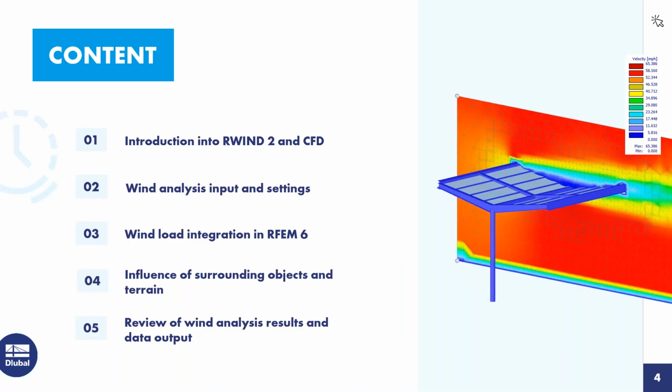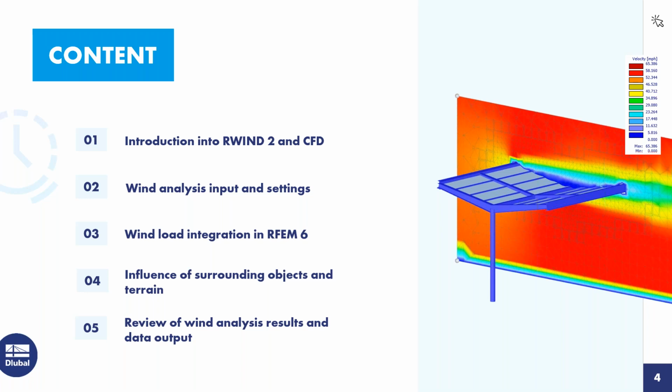So as far as the content over the next hour today, I do want to give a brief introduction to our standalone program RWIND 2 and the topic of computational fluid dynamics, or CFD. We'll then move into our example where we'll begin in RFEM 6, where we can input the wind analysis input and settings in order to run the wind analysis within RWIND.